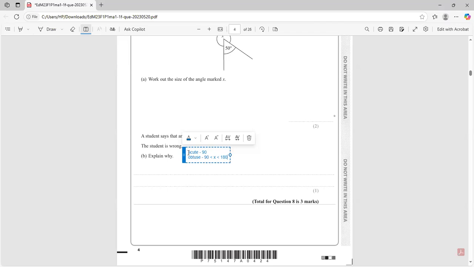Yes. And then finally, reflex angles are the ones that are greater than 180, but they are less than what? 360. Okay, so those are reflex.